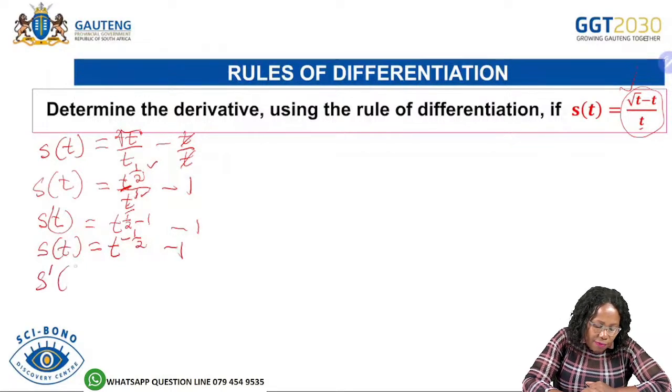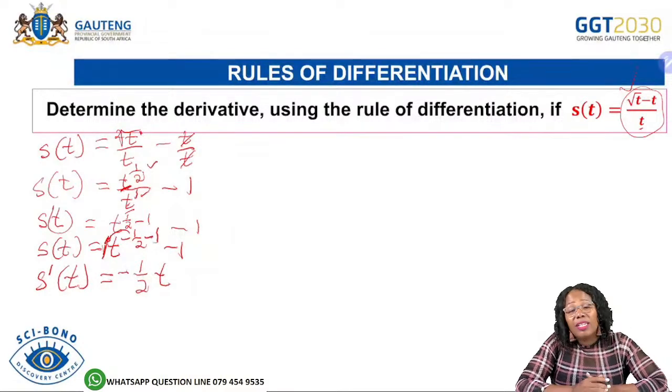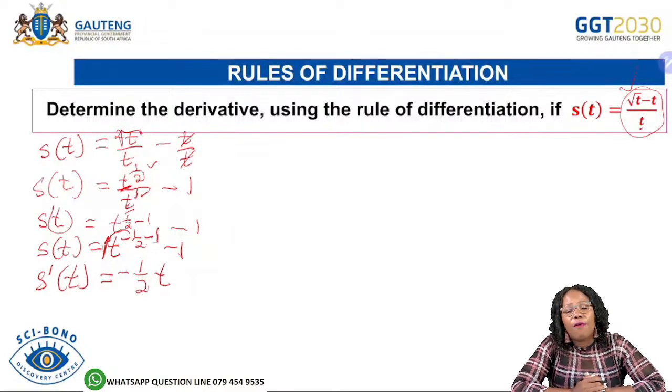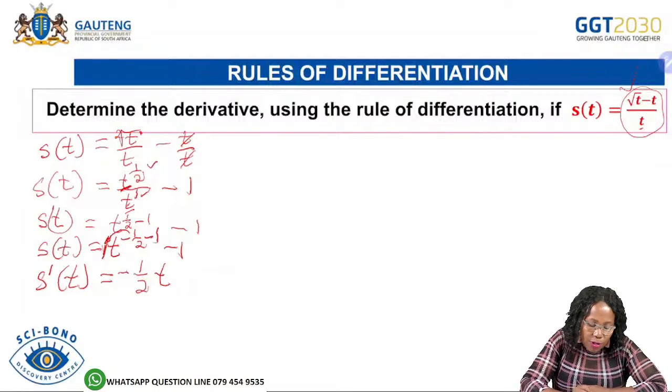The derivative of s at t is equal to the exponent multiplied by the coefficient. Remember, there's a 1 there. Is minus half times 1, minus half t. From the minus half, we subtract a 1. That will be minus 1.5, of which is minus 3 over 2.